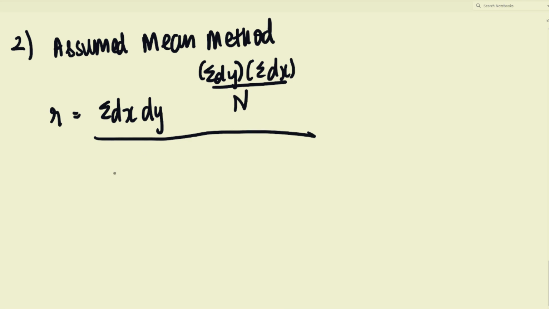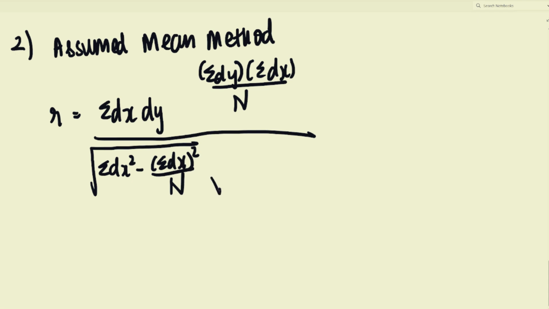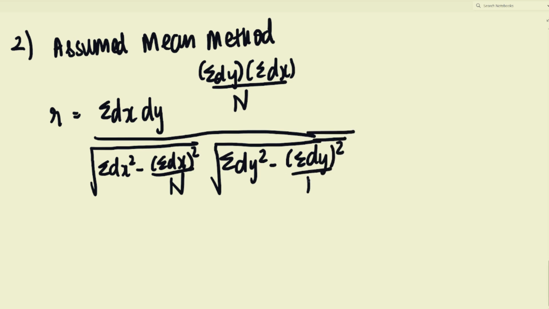upon n root of summation of dx the whole square upon n, root of summation of dy square minus summation of dy the whole square upon n. This is the assumed mean method.